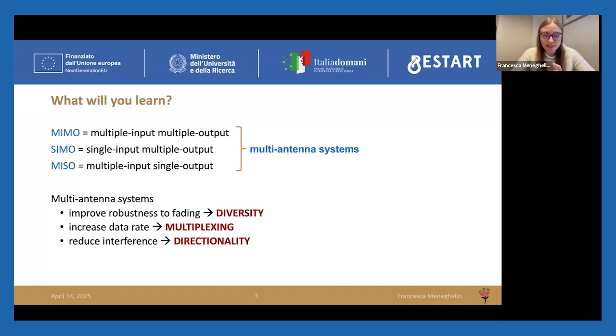So this is the objective, and I hope that at the end of this tutorial, you will have clear in mind how we can leverage multi-antenna systems in order to improve the diversity and to improve the multiplexing.